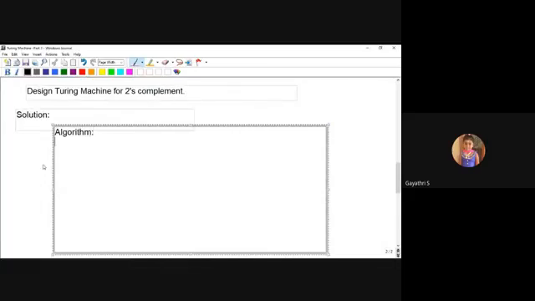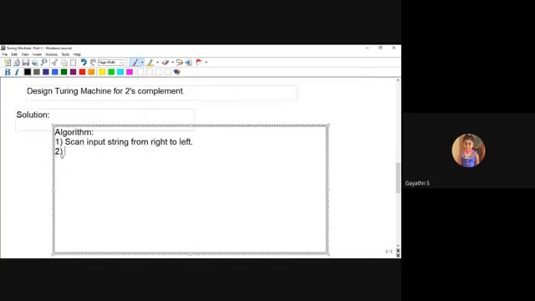Here for two's complement, first scan the input string from right to left.